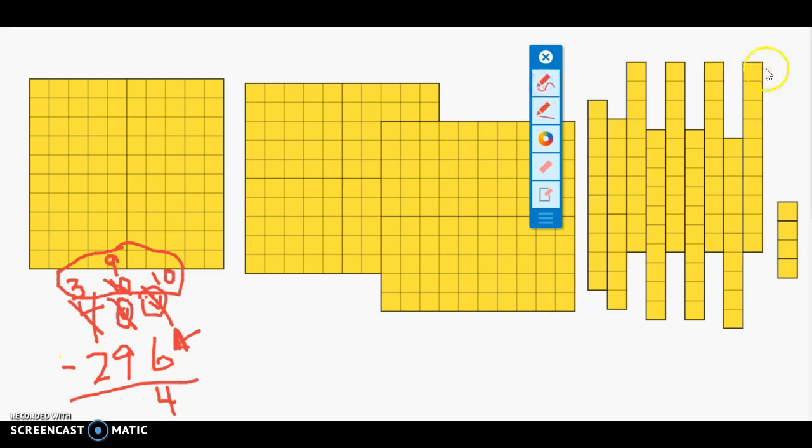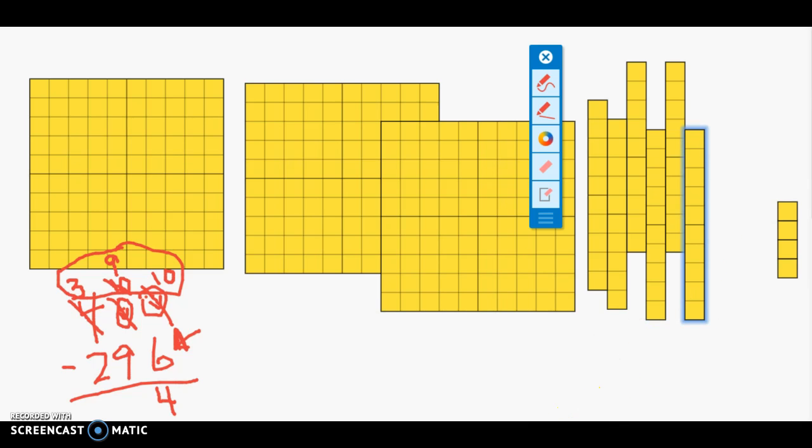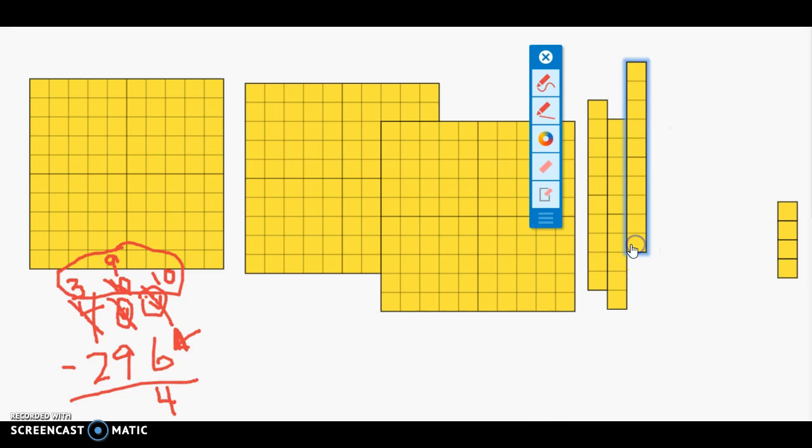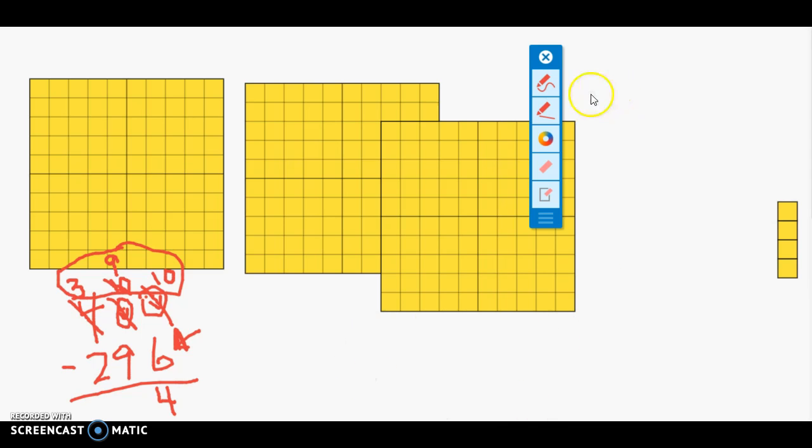Okay, what's going to happen if we take away 9 of them? 1 ten, gone. 2 tens, gone. 3 tens, gone. 4 tens, gone. 5 tens, goodbye. 6 tens, adios. 7 tens, see you later. 8 tens, you're not there anymore. And 9 tens, oh man, now we don't have any left. That's because 9 minus 9 is 0.